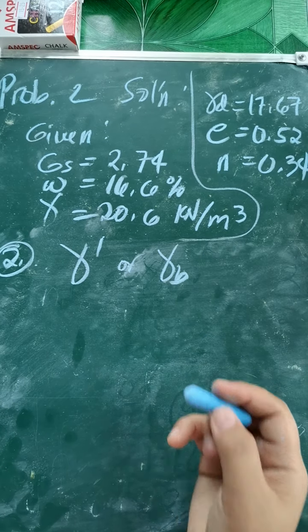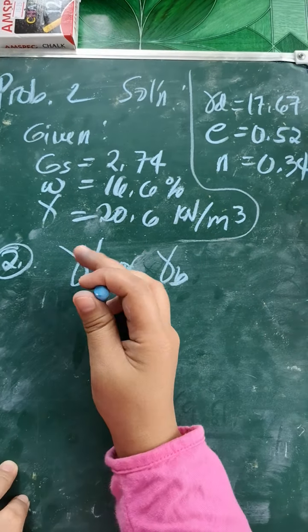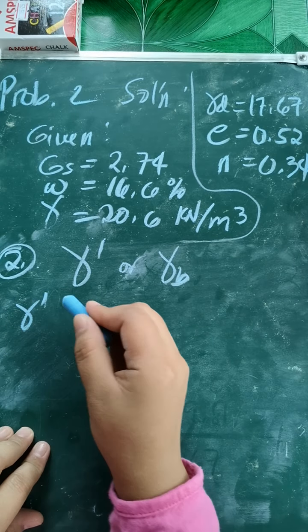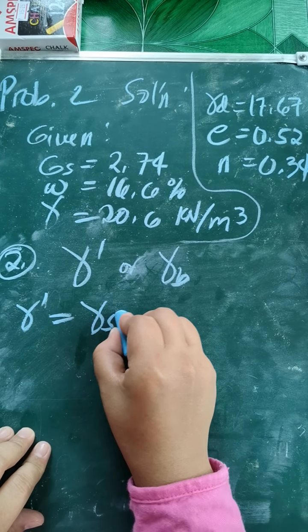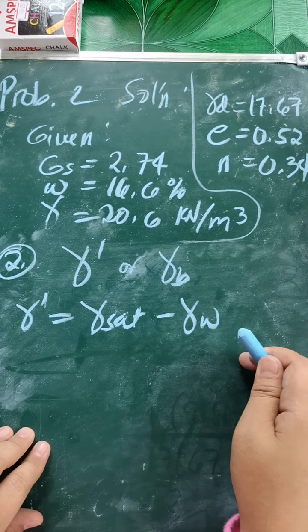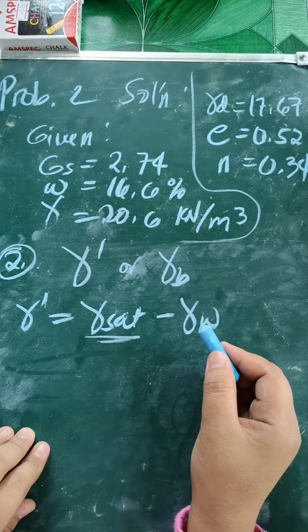Okay? So for this one, we have equations to choose here. So we have gamma prime is equals to gamma sat minus gamma water. So in order to solve this one, we need to solve first for the gamma sat.